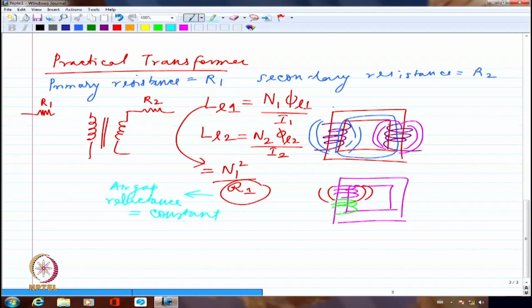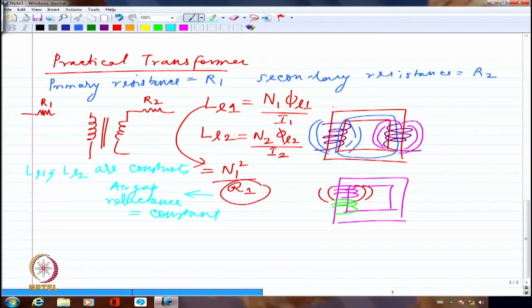It is not going to change. The leakage inductance will not change in the case of a transformer. So I would say that LL1 and LL2 need not be equal to each other, but they are constants as far as the transformer is concerned.